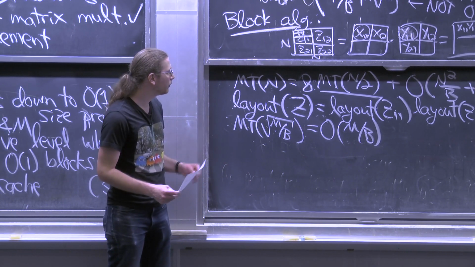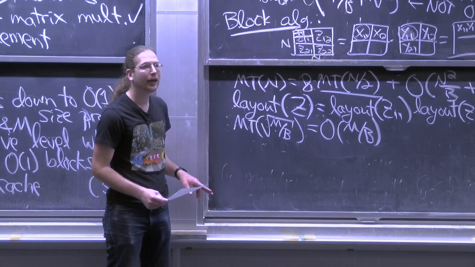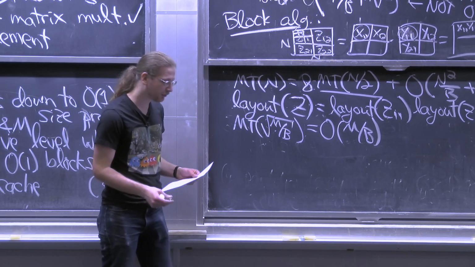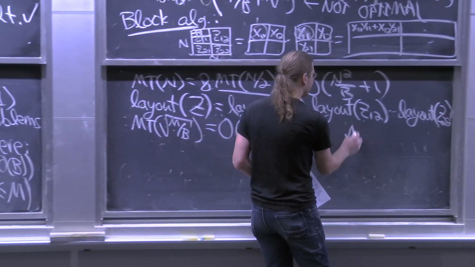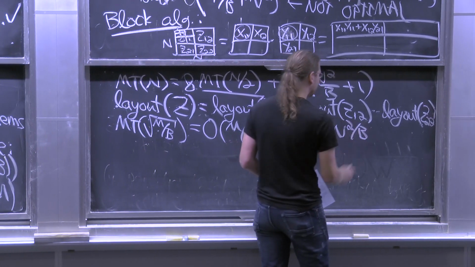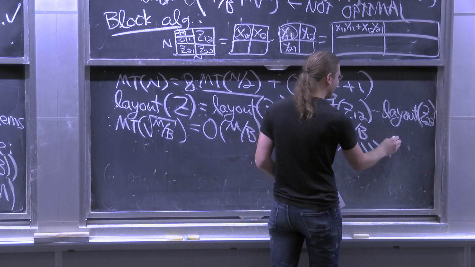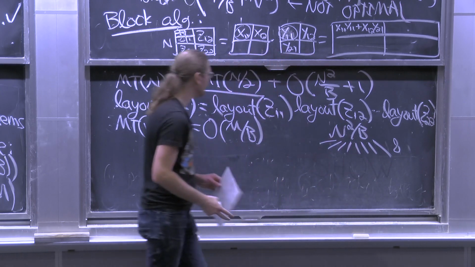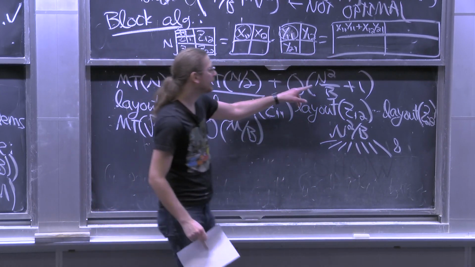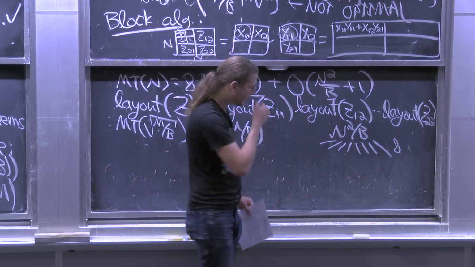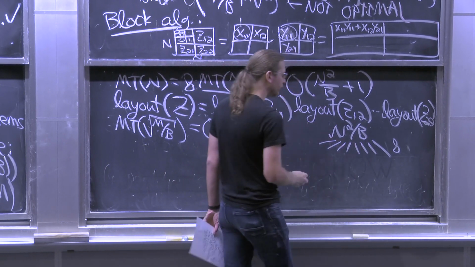Cool. Now we have a recurrence and a base case. And now we have a good old-fashioned recursion tree. This one I can actually draw, partly because it's nice and uniform. It just explodes rather fast. So at the top, we have a cost of n squared over B plus 1. And we have 8 recursive calls.